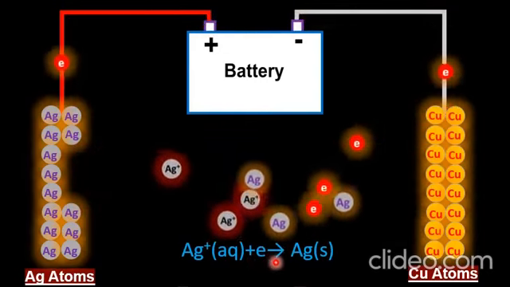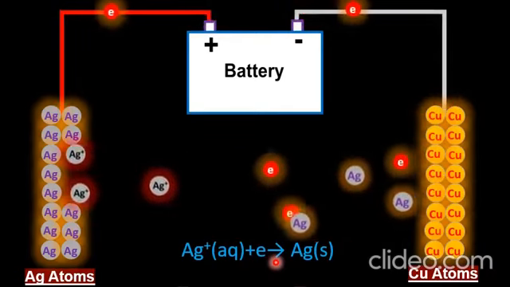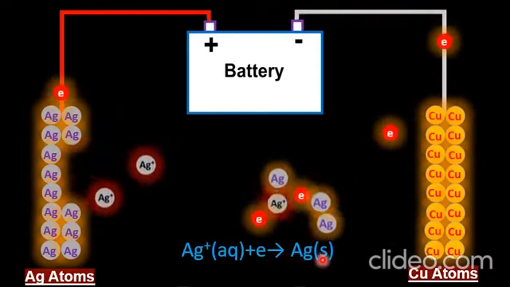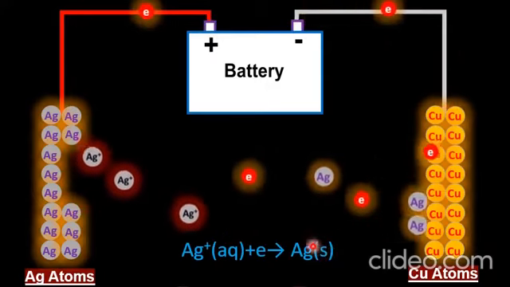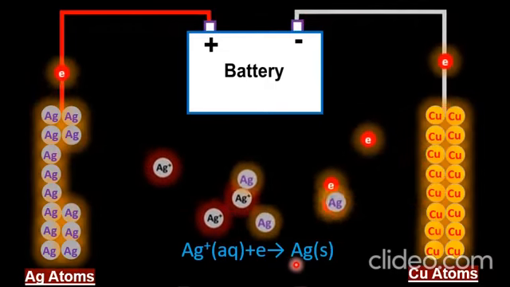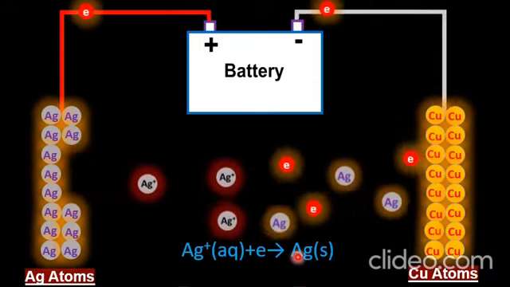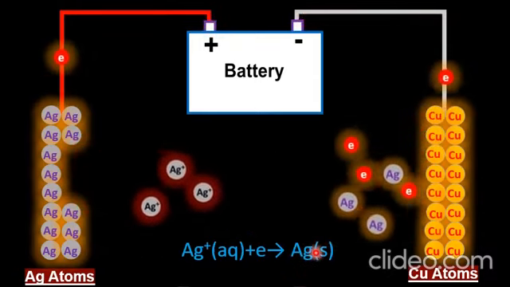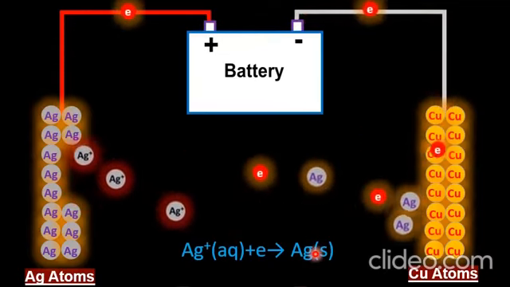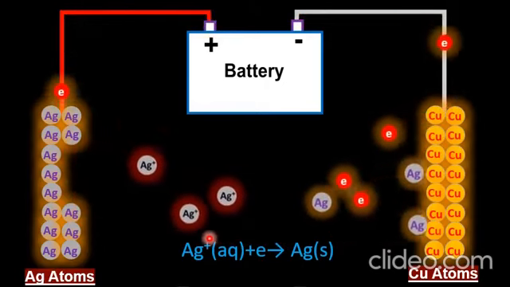So the silver ion has gained an electron and will give us a neutral atom, which is the result of the gaining of an electron, and on the opposite side of the arrow we will write a neutral silver atom. The neutral silver atom is in the form of a solid phase. So in parentheses we will write s for solid. So this is the equation for the reduction reaction.